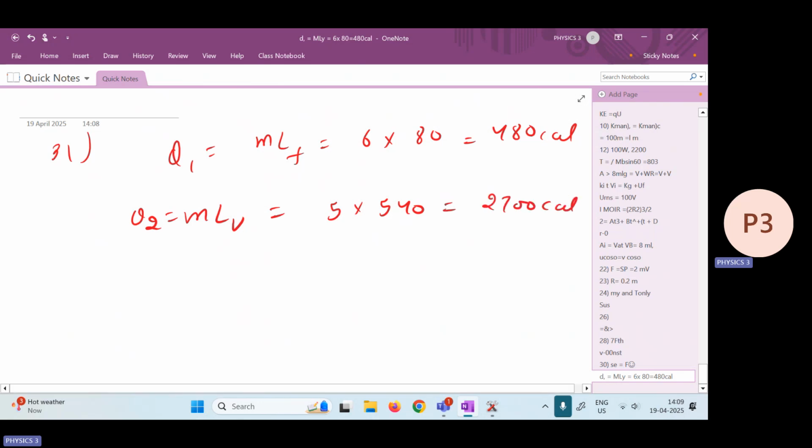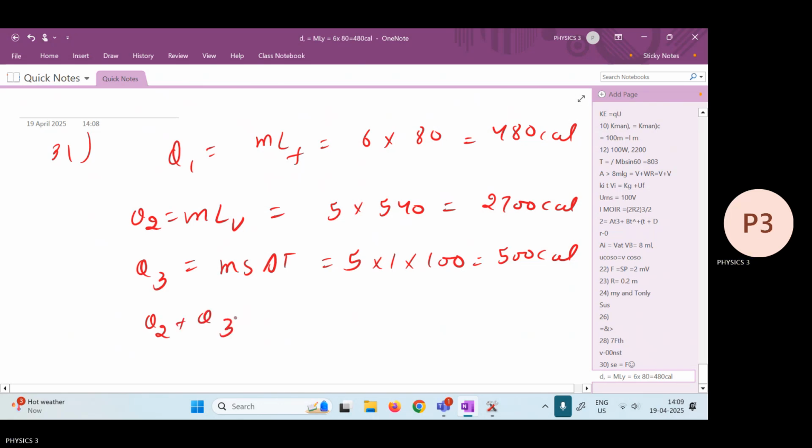And if we take the water from 100 degrees centigrade to 0 degrees centigrade, we have m s delta T, so that will be 5 into 1 into 100, which is 500 calorie. So net heat released will be Q2 plus Q3, that is 2700 plus 500, so 3200 calorie.